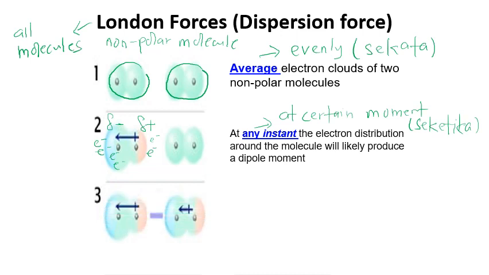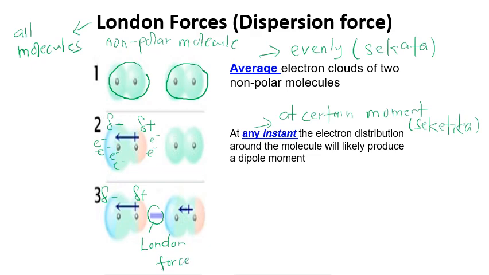Then next, because here is partially negative and here is partially positive, this is intermolecular force, which we can consider as London force.